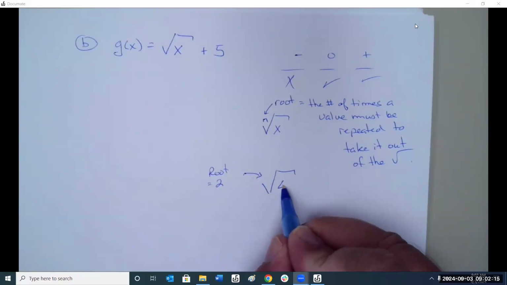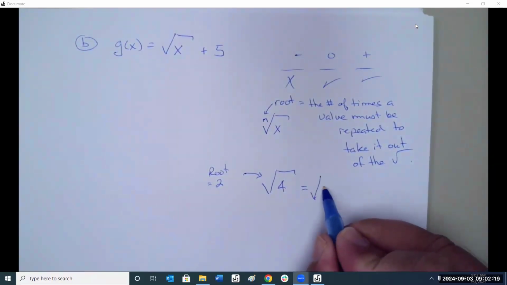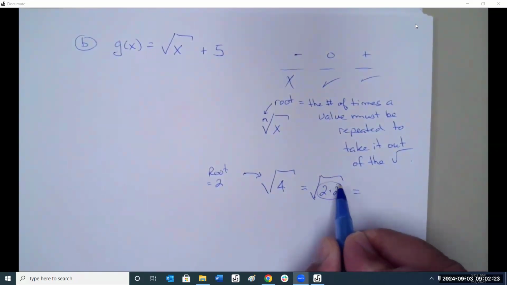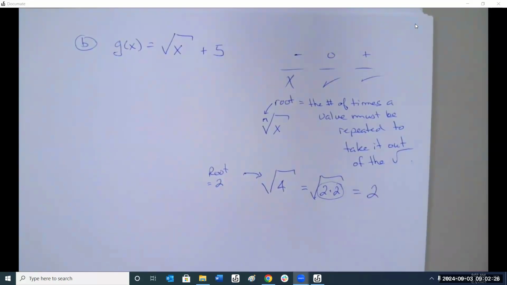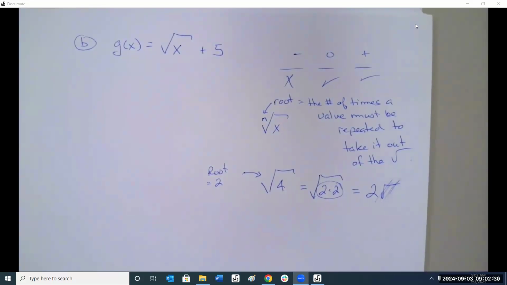Which is why the square root of 4 is made up of 2 times 2. Since it happens 2 times in there, I can take it out. And there's nothing left inside the radical, so it disappears.